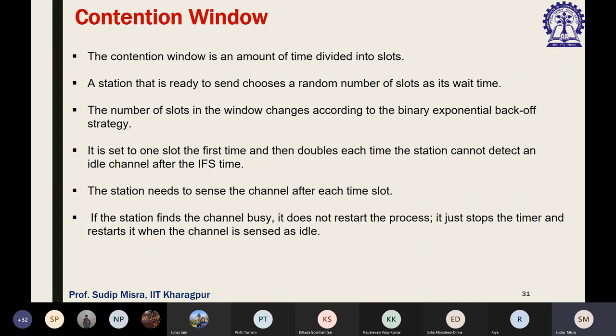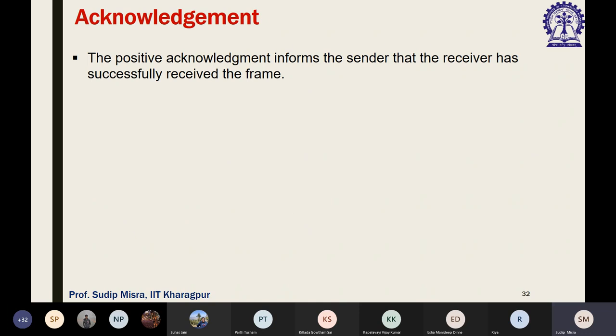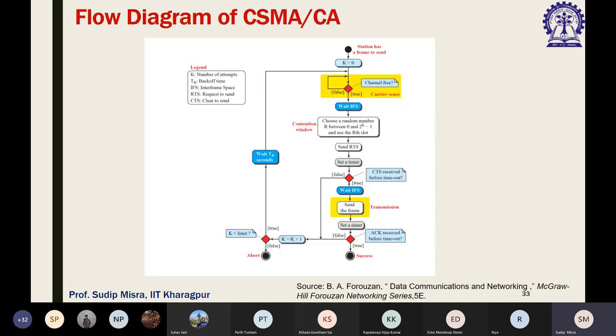Then another one is the acknowledgement, which is the positive acknowledgement from the receiver to the sender, saying that the frame was received successfully. These three things, along with the RTS sequence, are used by CSMA/CA to help the stations talk to each other collision free. Not 100% collision free, that is difficult, but it tries to avoid collisions.